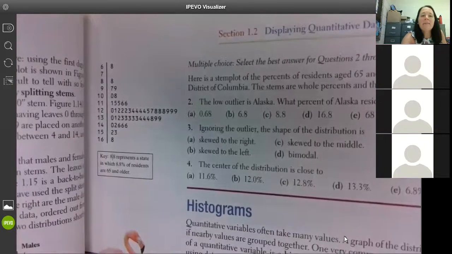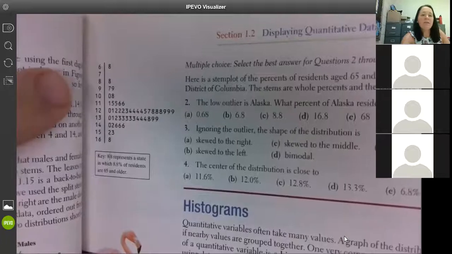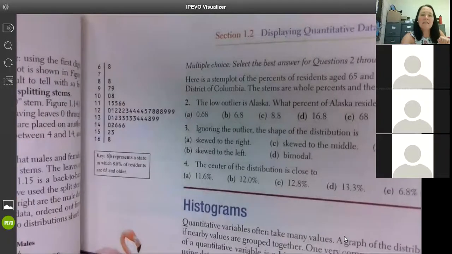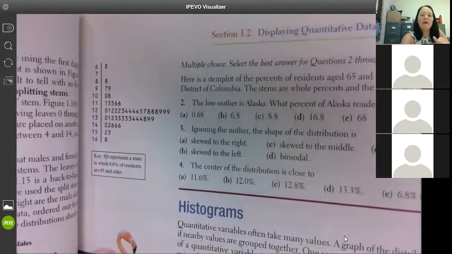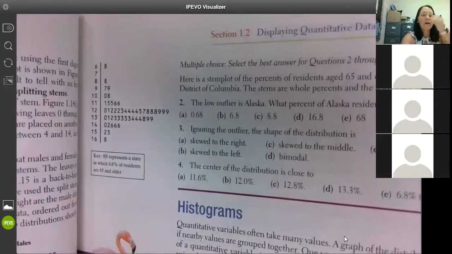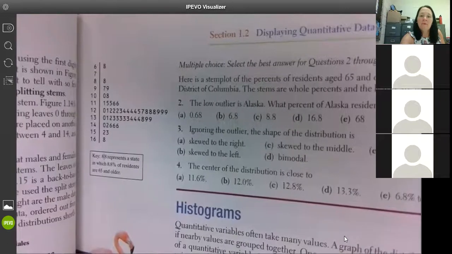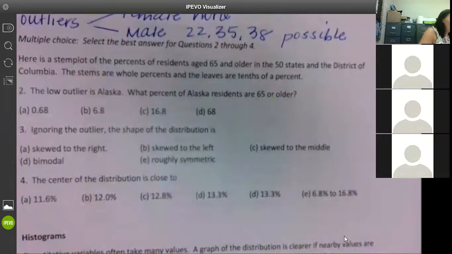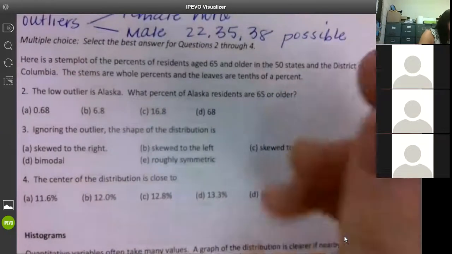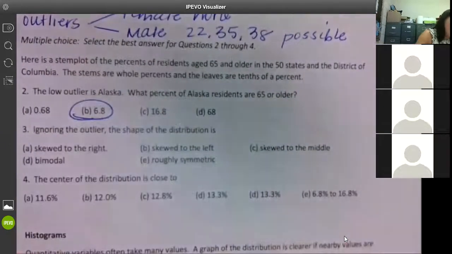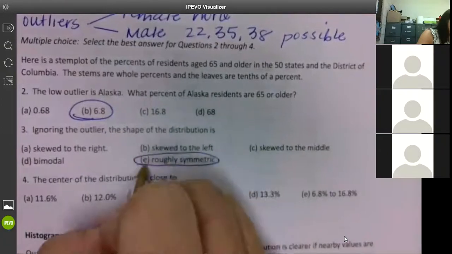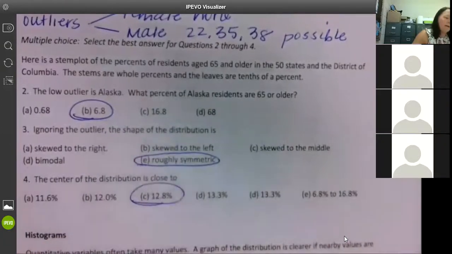C? Yes, ma'am, 12.8. Because if this is roughly symmetrical, that peak is where your center is going to be, and the only one that falls in that peak is the higher end of the peak, 12.8. Is everybody good? So C would be your answer. So let's go back over them. B is 6.8, roughly symmetric, and 12.8.